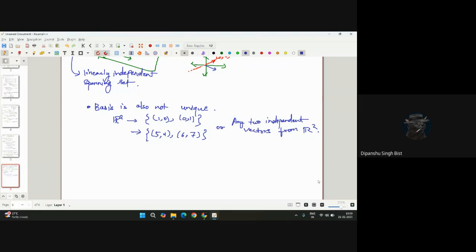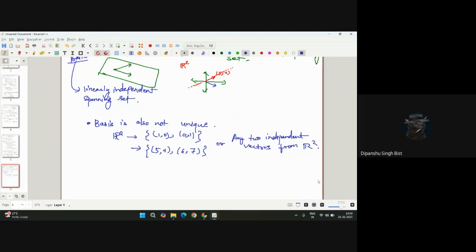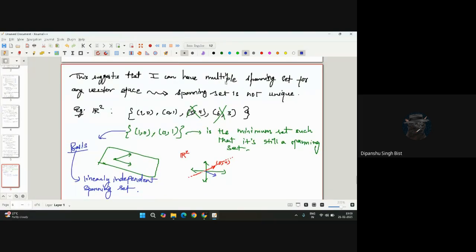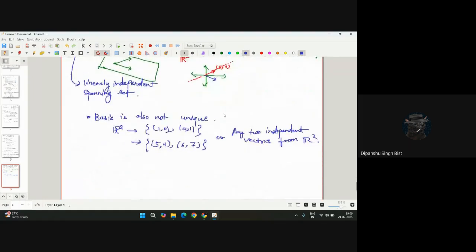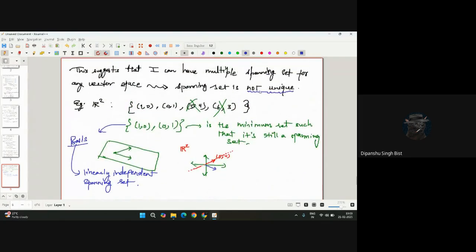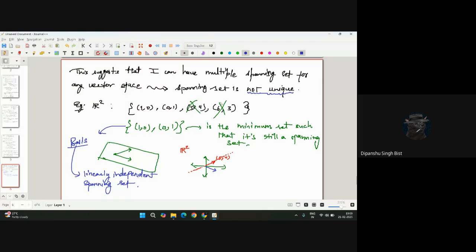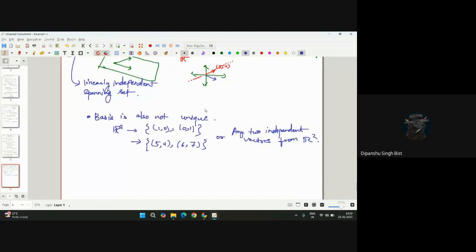Because though the basis is not unique, there is one good thing in basis that we lack in a spanning set. Here you can have a spanning set of any length, because we are allowed to add more elements to it, correct? But in a basis, the number of elements will remain the same.